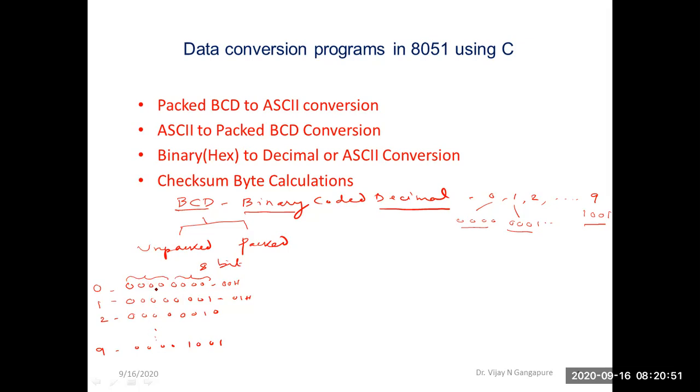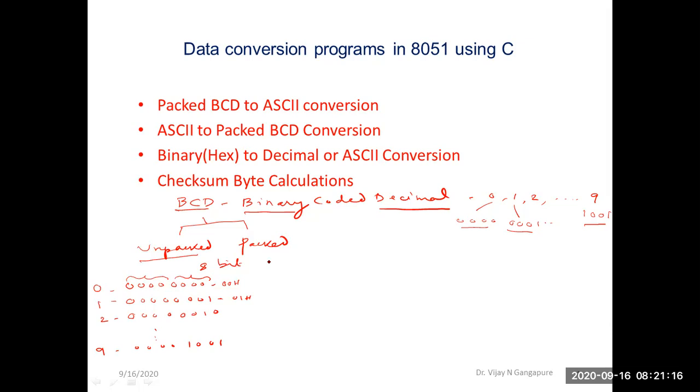This type of representation is called unpacked, because the bits in this 8-bit format are not packed with BCD number; the upper 4 bits are always vacant. So with 8-bit unpacked BCD I can represent only one BCD digit.